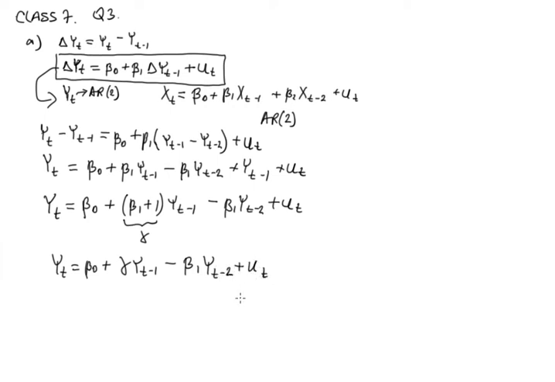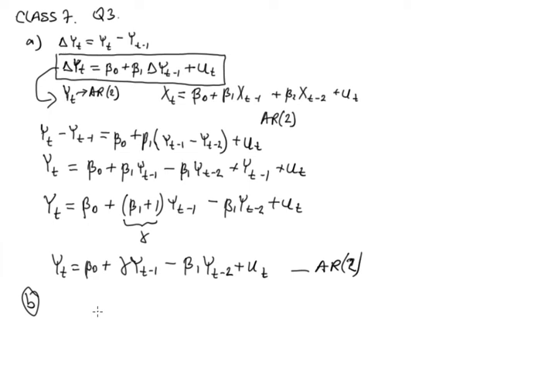As you can see, now we have an AR2 model, in which yt depends on its two lags. So we just showed part A. Now B. What is B? The intercept of this AR2 model is beta 2. Okay, let me have a look. Derive the AR2 coefficients for yt.